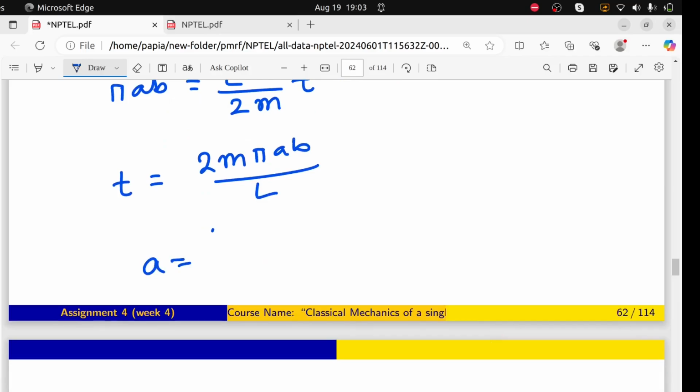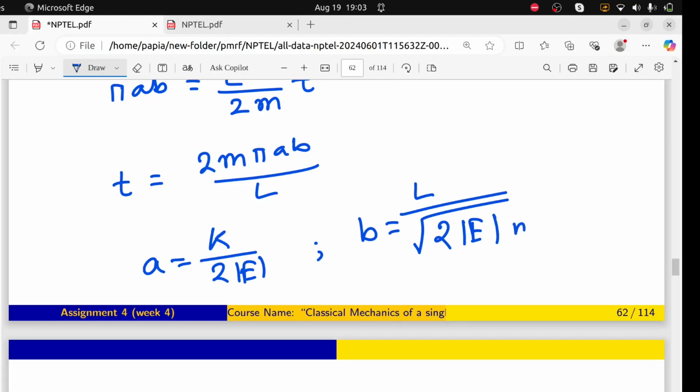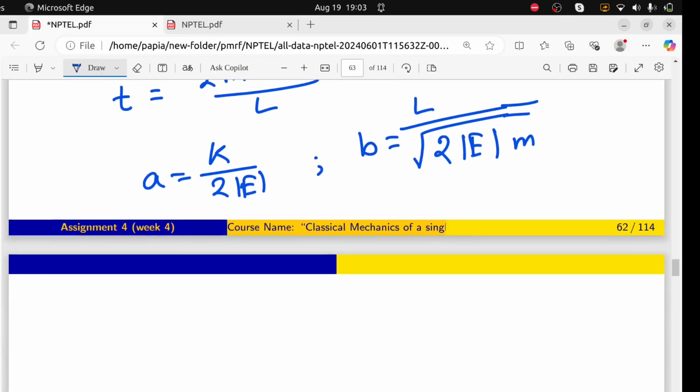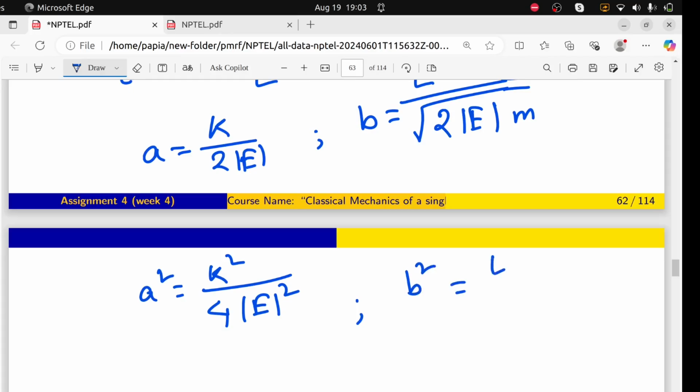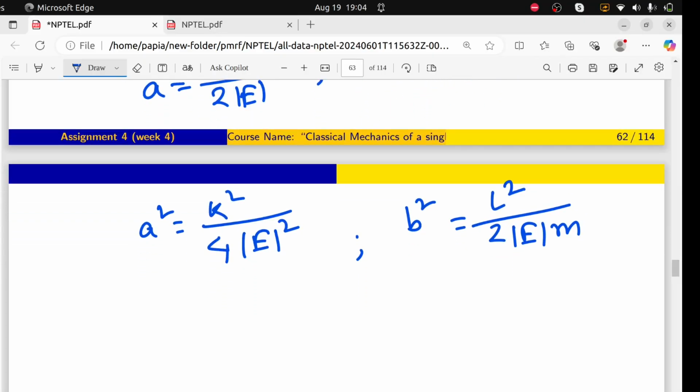Now what is A here? A is K by 2 mod E, and B is L by root over 2 mod E M. So if I just calculate these things, I just need the dependency of T on B. So I have to represent A in respect of B. Now B square is L square divided by 2 mod E M. So 2 mod E is L square by M B square.